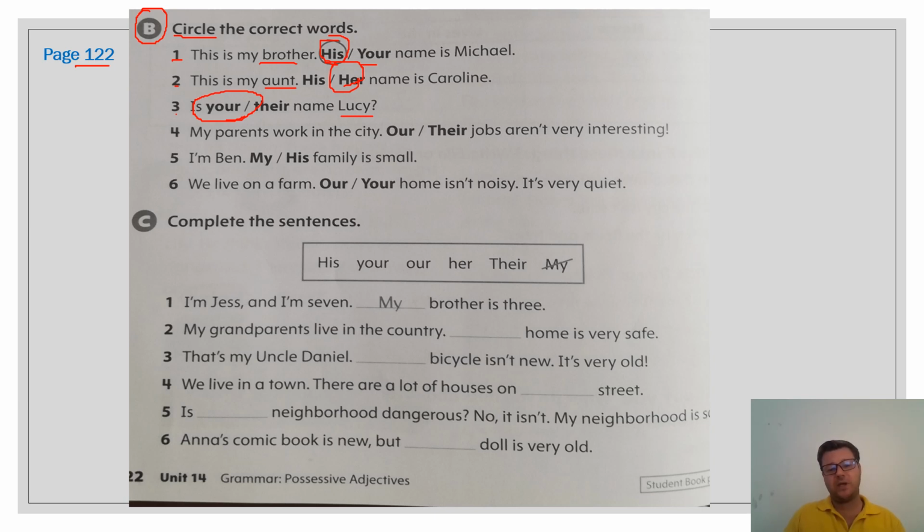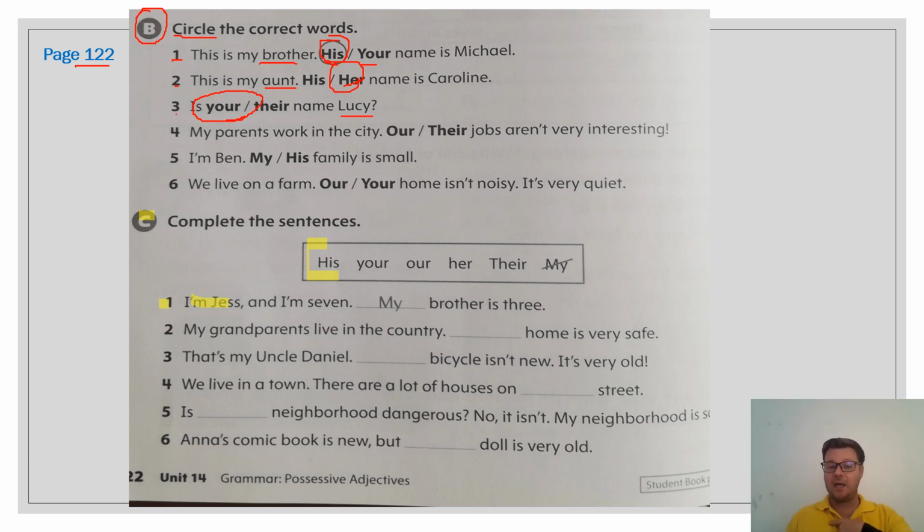Let's move on to question C. Complete the sentences. Inside the block, we have 6 possessive adjectives. We're going to use these possessive adjectives to complete the sentence. Example number 1. I'm Jess.